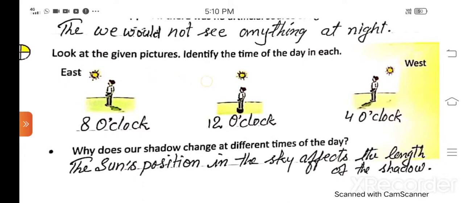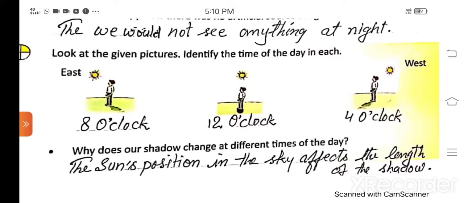Now look at the given picture. Identify the time of the day in each. Here I have written the time 8 o'clock, 12 o'clock and 4 o'clock. This is the time of the rising sun. This is the time of sunset, and this is the afternoon time. So when the sun rises, at that time we can see the shadow of any object very long, and when the sun is going to set, at that time we can also see the shadow longer.